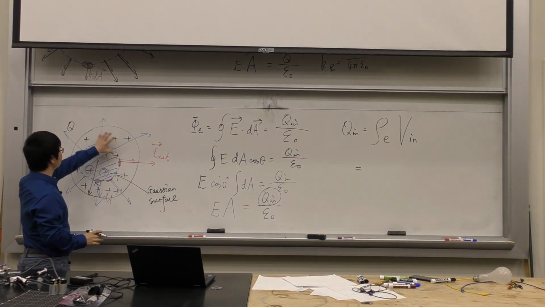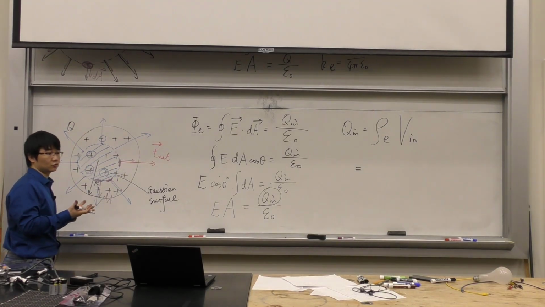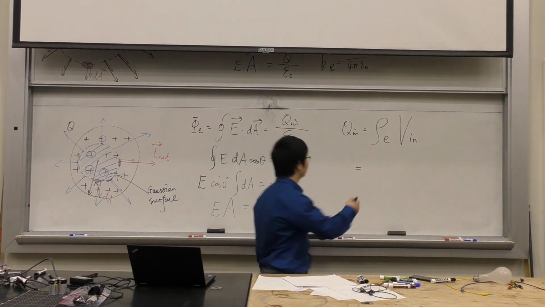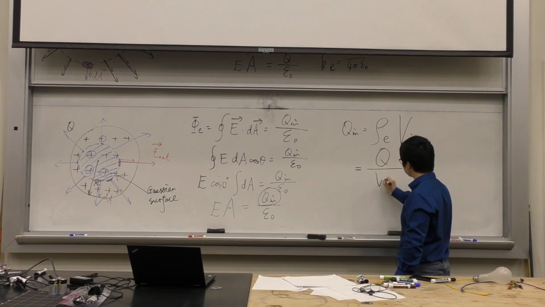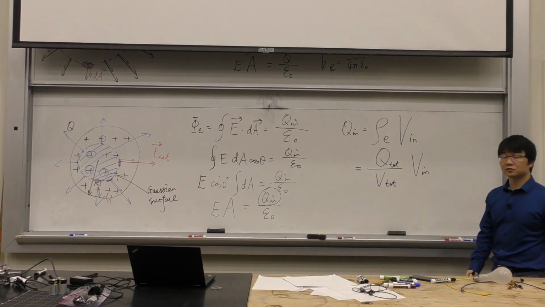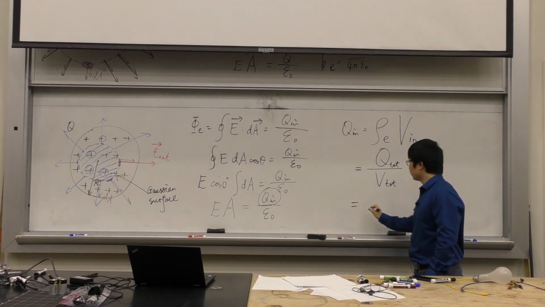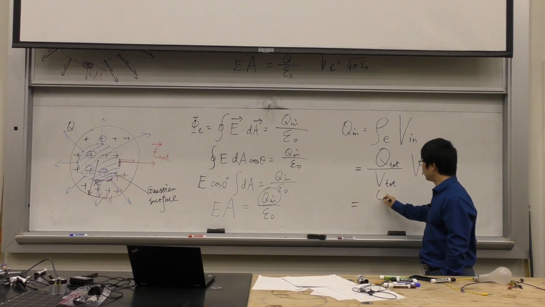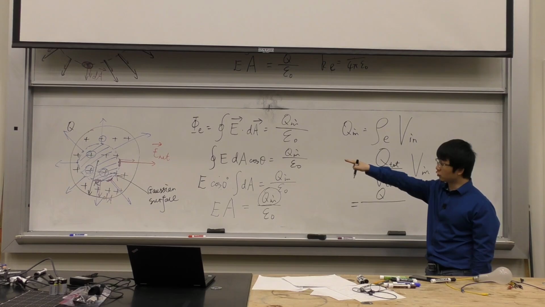So the charge density is just the total charge divided by the total volume. That's what charge density means, right? Now times the volume inside the Gaussian surface, okay? Now what is the total charge? That's the big Q in the problem. What is the total volume? That's the volume of this solid sphere, right? The total volume.